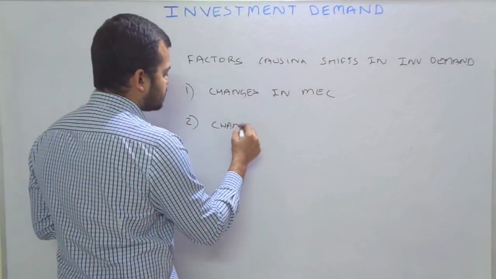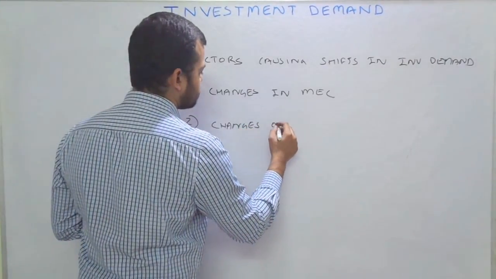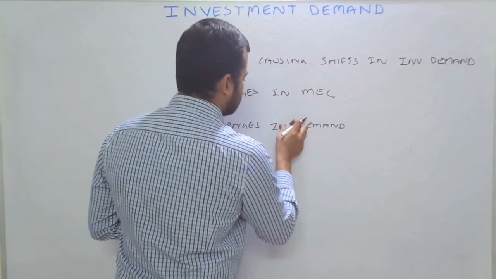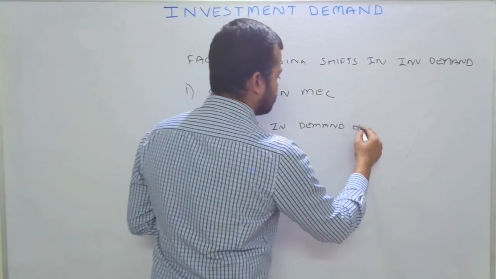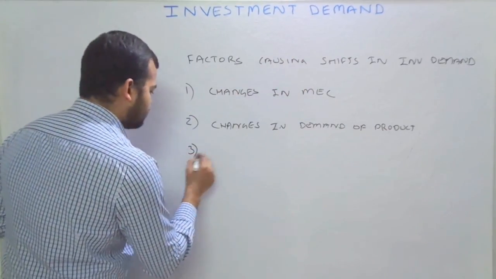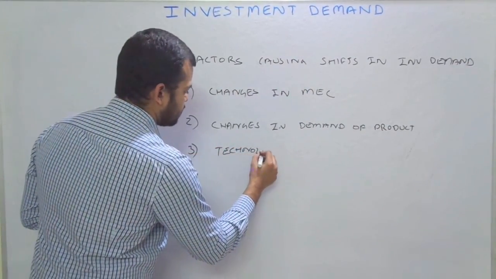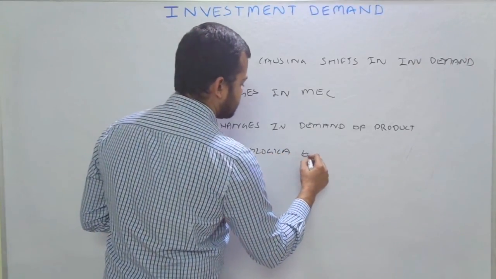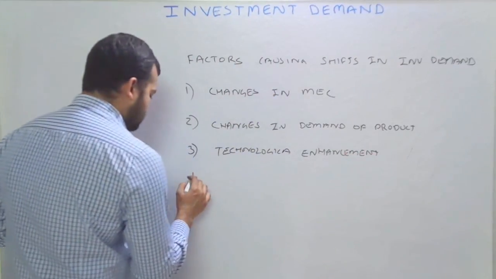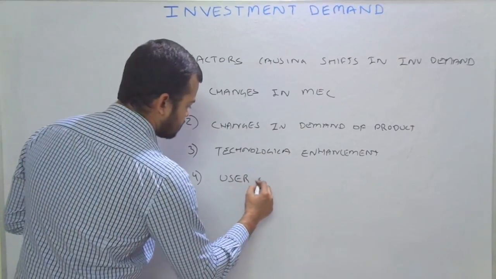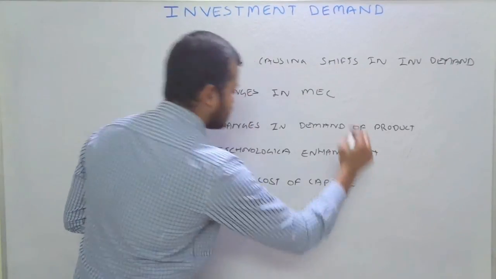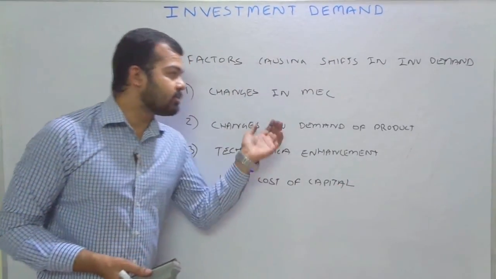Second one is changes or fluctuation in demand, changes in the demand of the product. Third one is technological enhancement. And the fourth one is user cost of capital. Now I will explain all these things one by one.